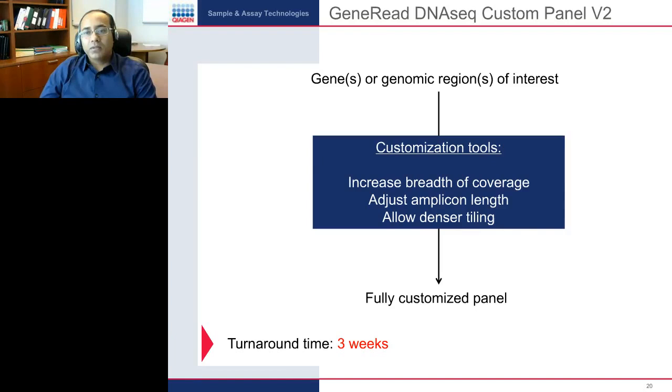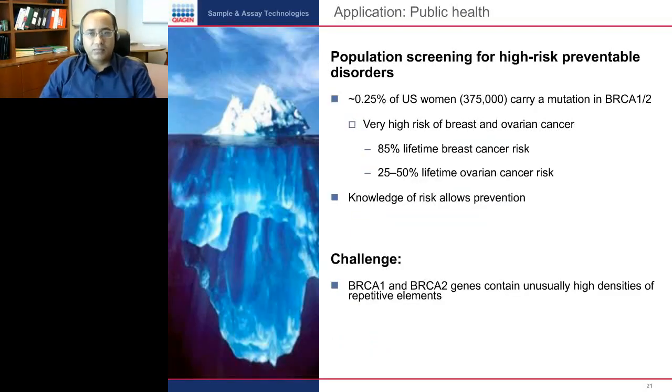In the next slide, I'm showing the application of these custom panels. As we know, there are around 375,000 women in the US who carry a mutation in BRCA1 and BRCA2, and these women are at very high risk of breast and ovarian cancer.